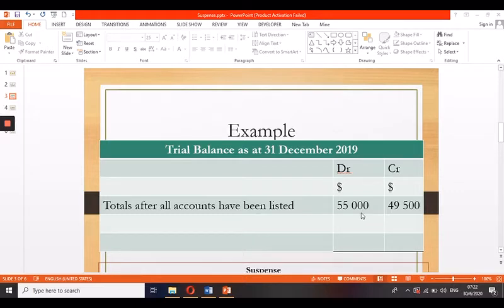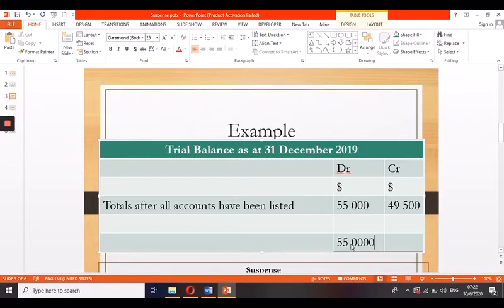So to make the trial balance totals agree, we then create a suspense account. The trial balance total should be 55,000 on this side and 55,000 on the credit side. And we can then create a suspense account to make it agree.